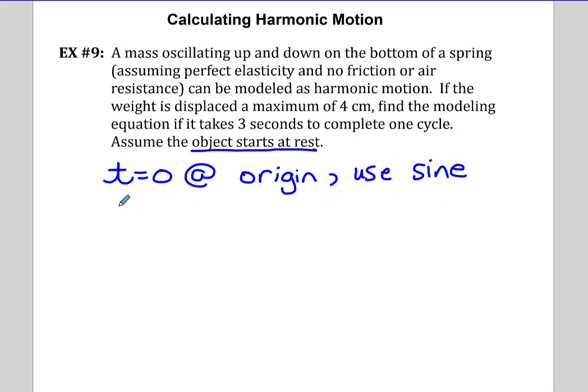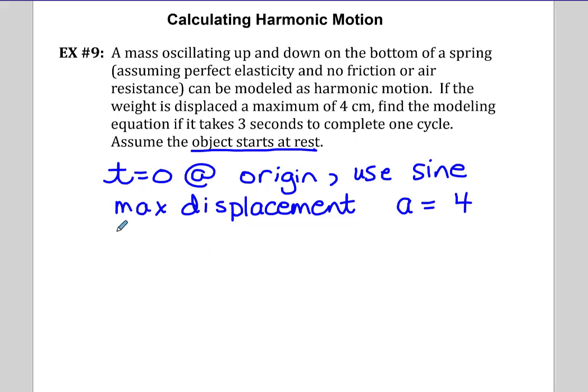We're going to use sine to model it. And the maximum displacement is 4. If the maximum displacement is 4, then A is 4. And the period is 3 seconds.